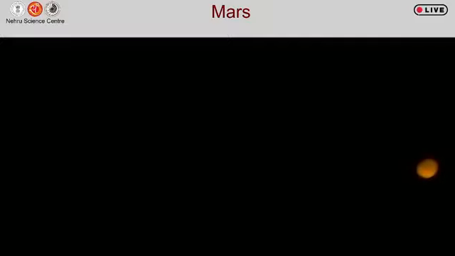Actually, primarily it's only carbon dioxide. About 96% of the Mars atmosphere is composed of carbon dioxide. There are also some other gases in minor amounts, such as argon and nitrogen, but they are very little compared to the carbon dioxide.